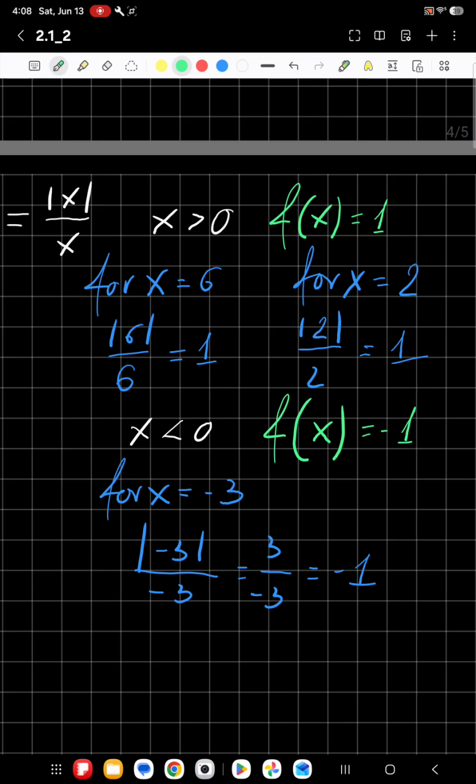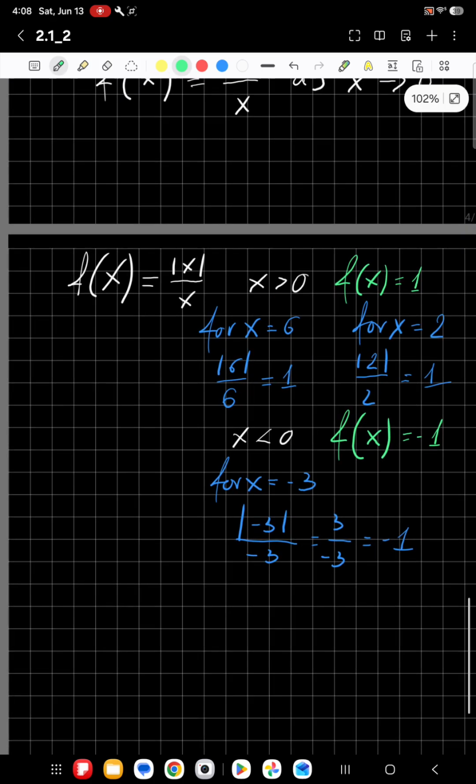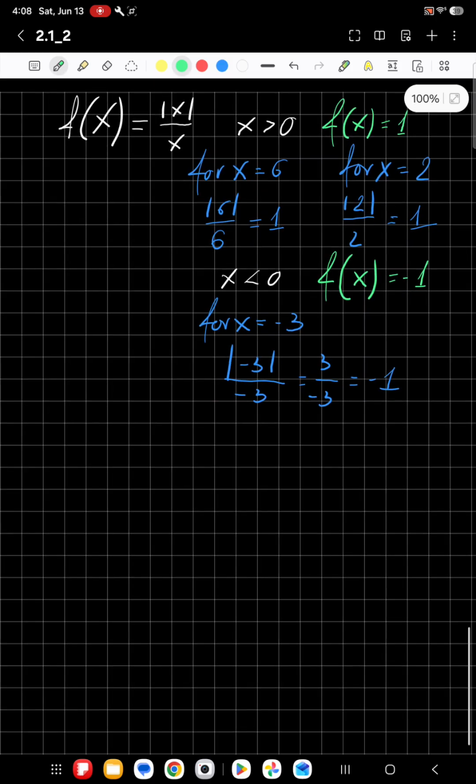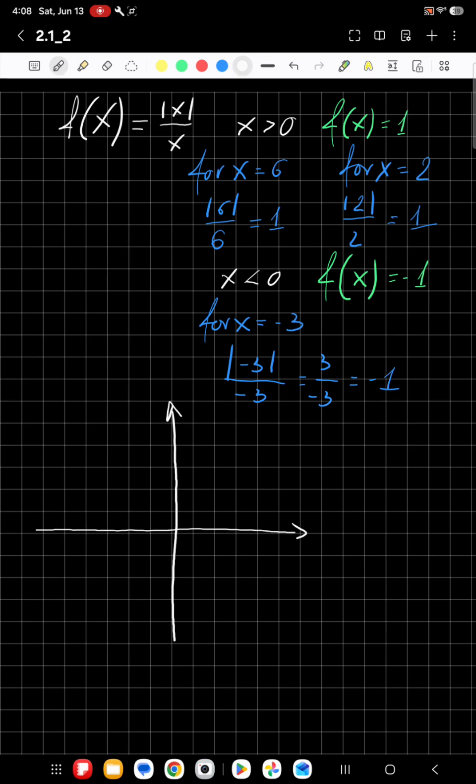Okay. So yeah, let's graph it now. Let's graph it here. So what is happening? So let's say this is 1, this is 2, 1, 2, 1, 2, negative 1, negative 2.